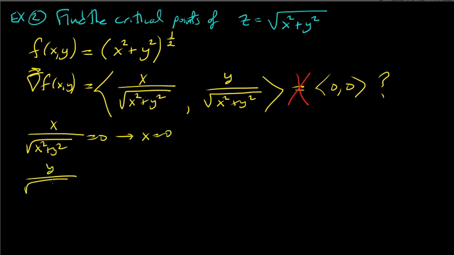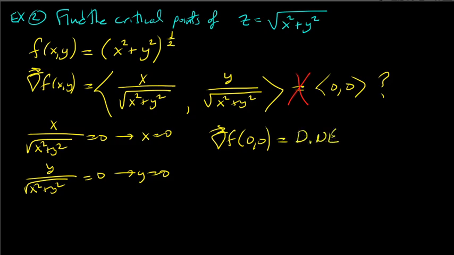If you set the second component equal to 0, then that gives you y equals 0. However, as a check, if you plugged in (0, 0) here, you don't get anything. You get 0 divided by 0. So this does not exist.